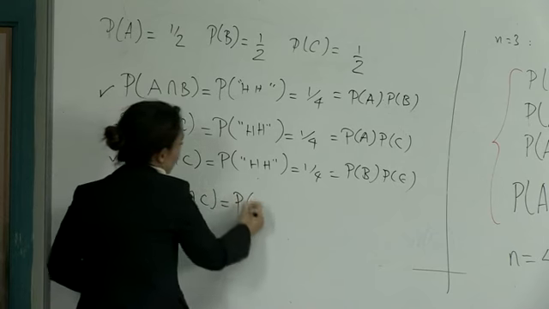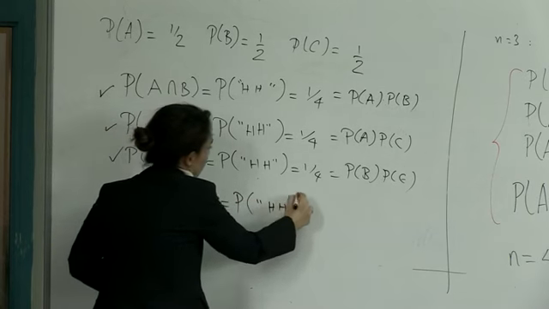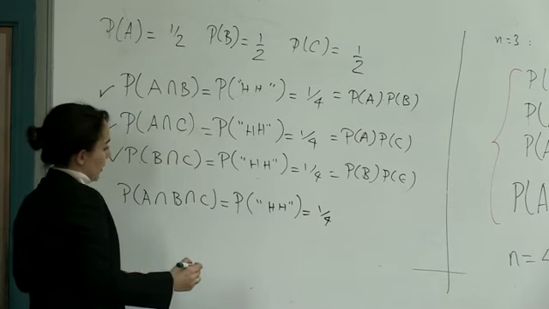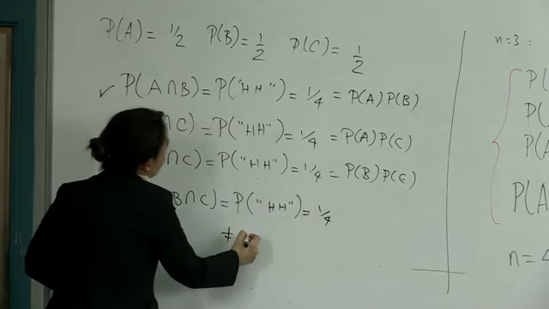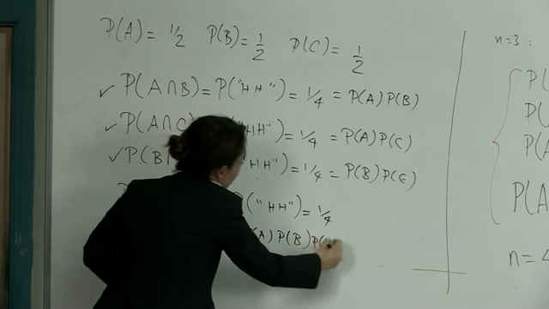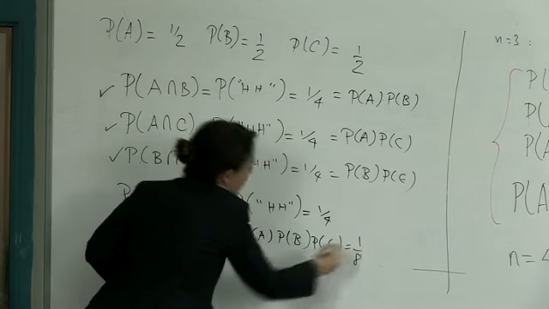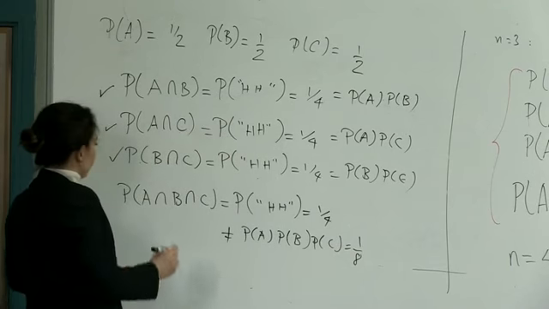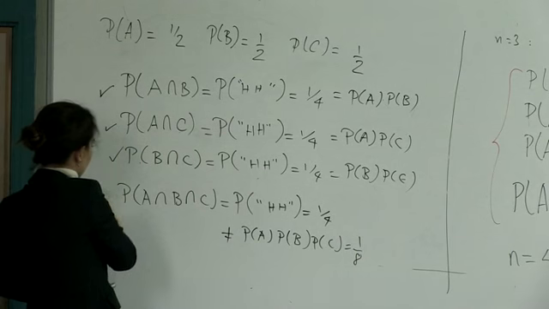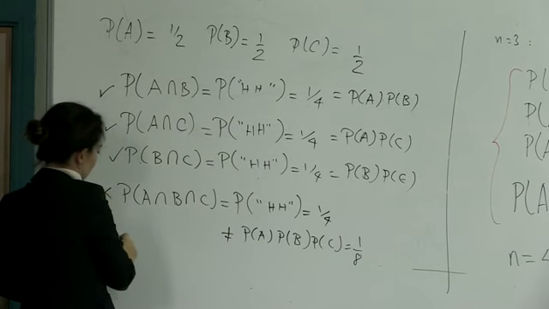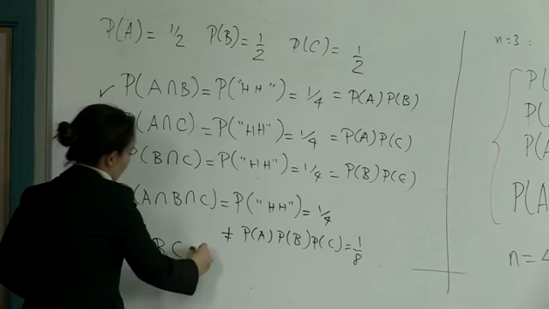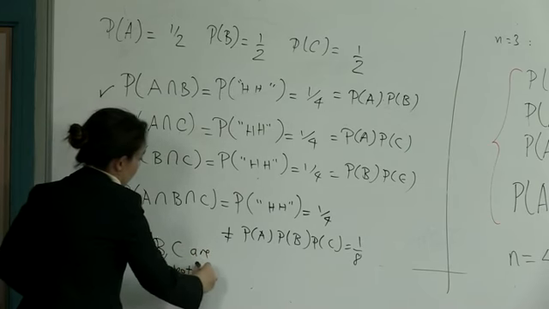Well, that is again the probability of the event HH, which is 1/4, which is not equal to P of A times P of B times P of C, which is 1/8. Okay? So this not being satisfied makes us conclude that A, B, and C are not independent as a group.